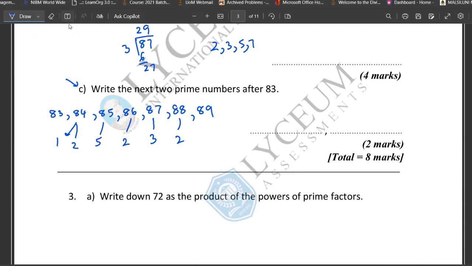Let's check 89 for prime factors. 89 is not divided by 2. 3 also we can check. 89 is not divided by 3, therefore no. 5 also not a factor. 7, we check 7.